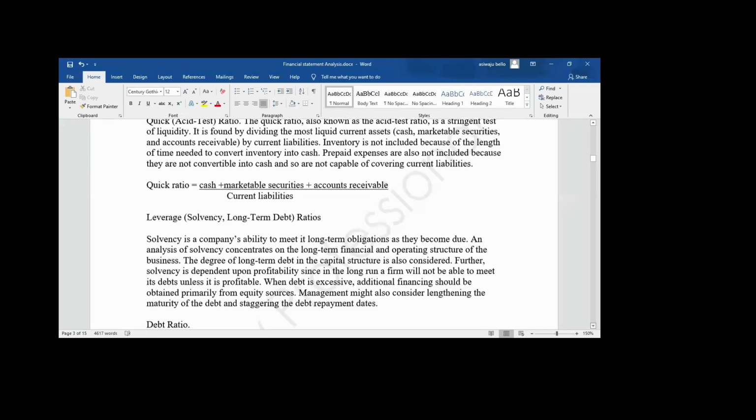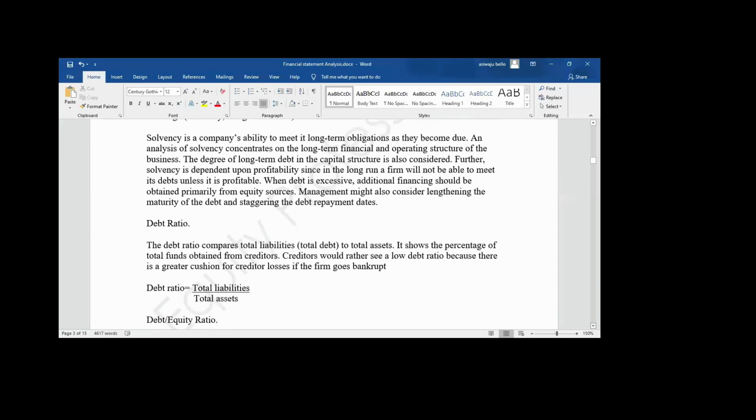So the ratio to be computed here: our debt ratio is equal to total liability over total assets. You want to know the percentage of our assets that is made up of liabilities. It compares total liability to total assets.